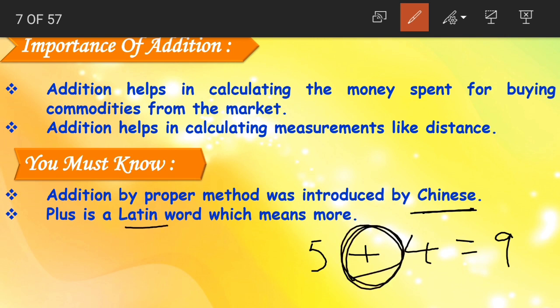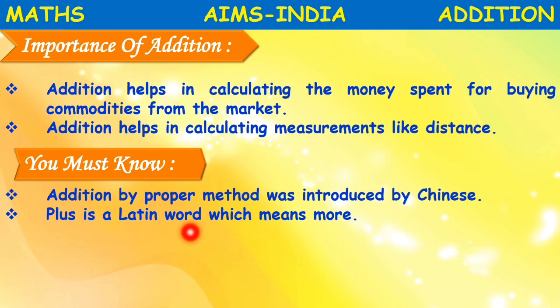Just like we have Hindi or English or Telugu as a language, Latin is also a language, in which plus is a word which means more. Okay children, what did we learn? Addition by proper method was introduced by the Chinese, and plus is a Latin word.